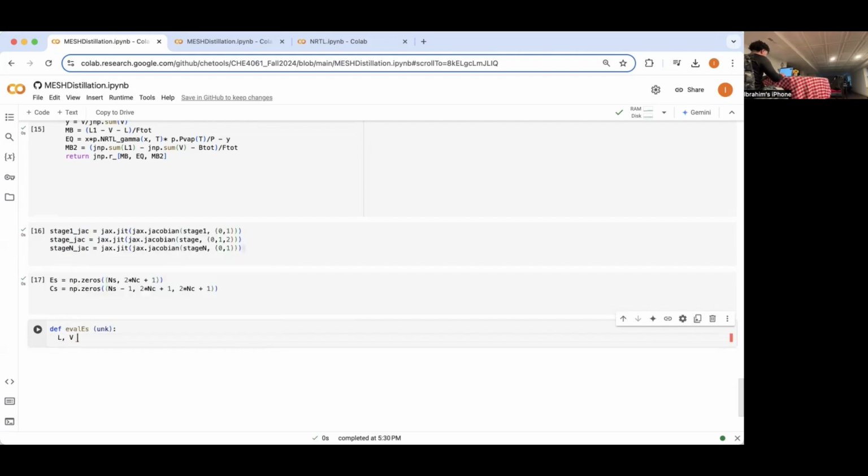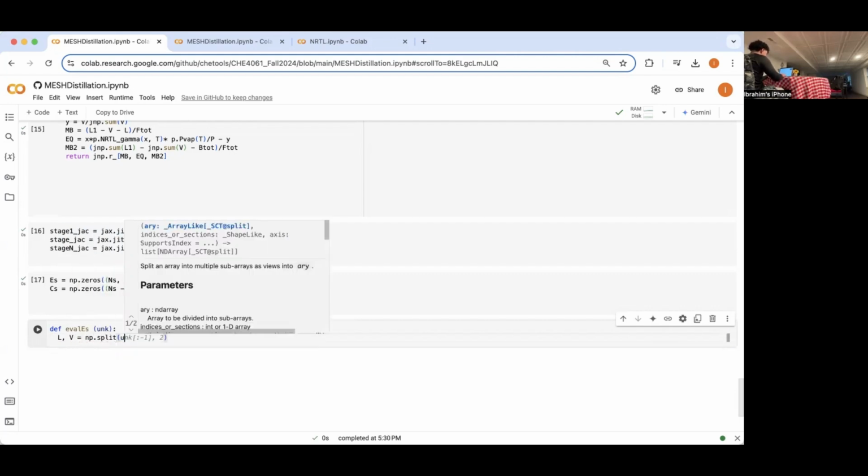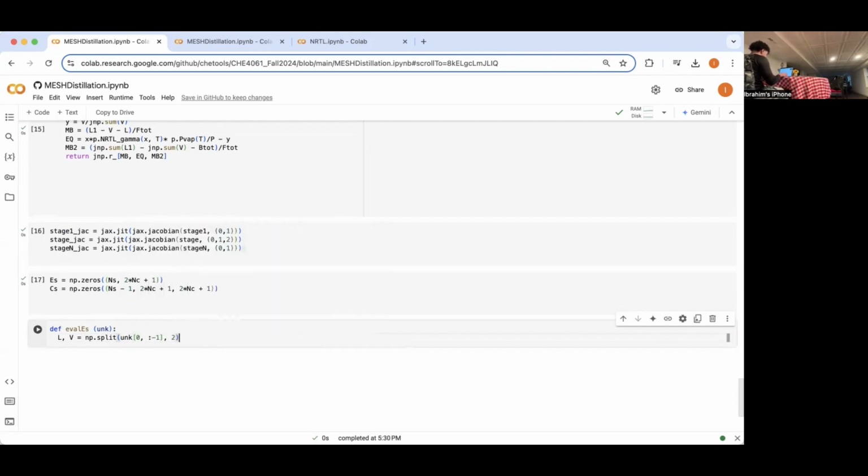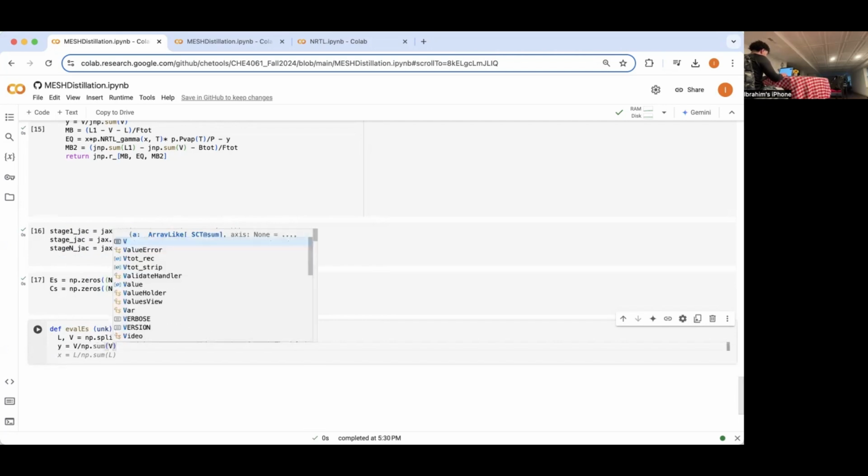For our liquid and vapor, we're going to be splitting this, so np.split as a function of unc, and this will be for 0, comma, -1, comma 2. Then we want to do this for our y, so y is equal to our vapor divided by np.sum as a function of our vapor.